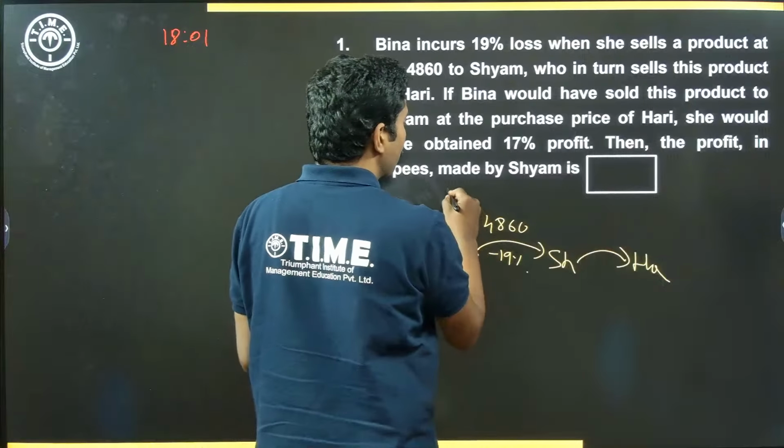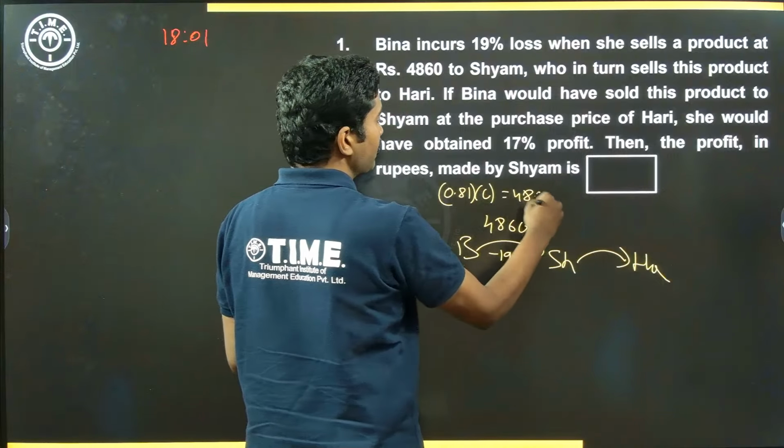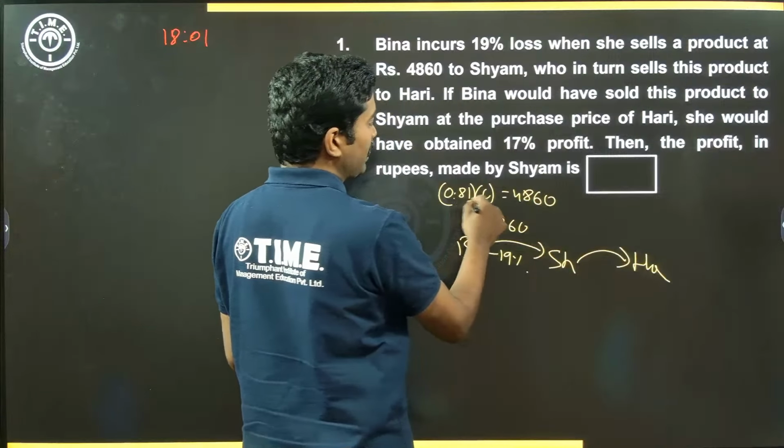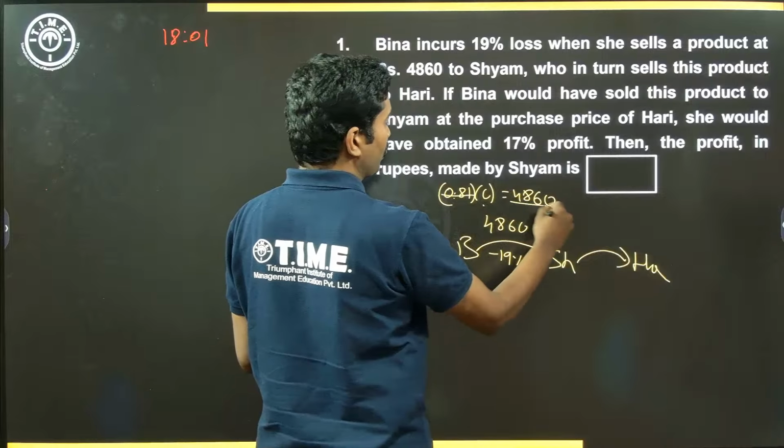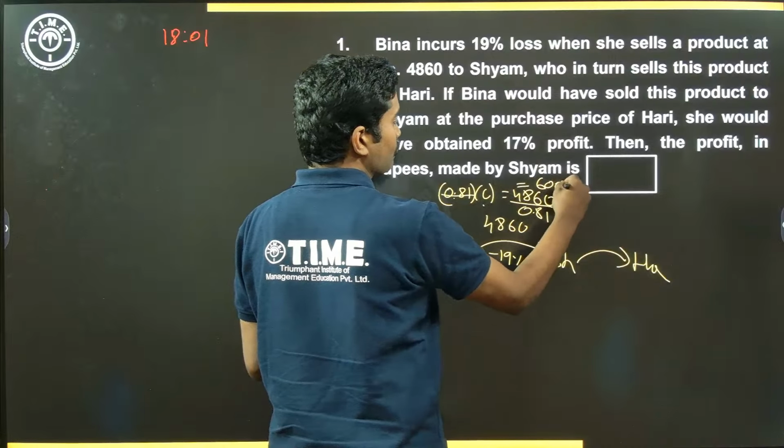So 0.81 into Bina's cost is equal to 4860. Just divide 4860 by 0.81. Clearly this one is 6,000 rupees.